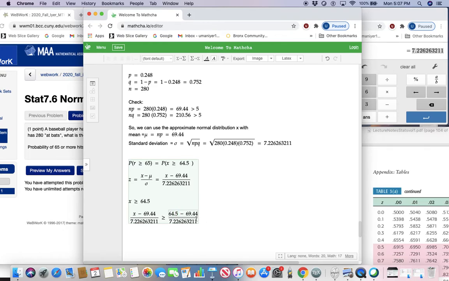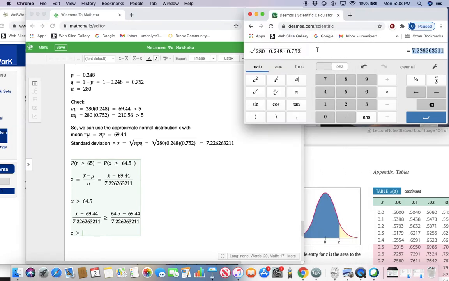Once you have come this far, this expression is the standardized score z, greater than or equal to this expression, which we calculate using our calculator. You have something over 7.22626311. The numerator is 64.5 minus 69.44.